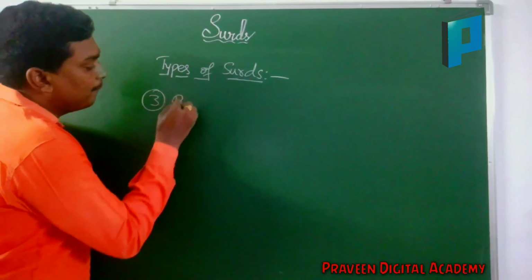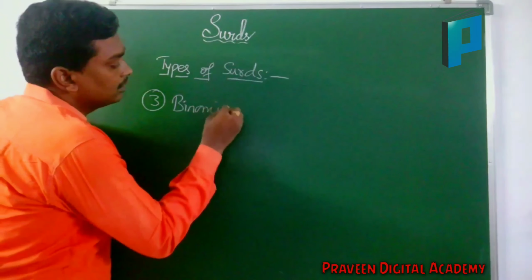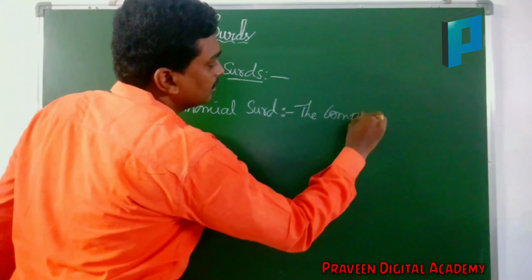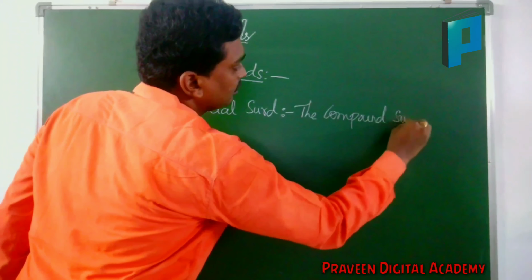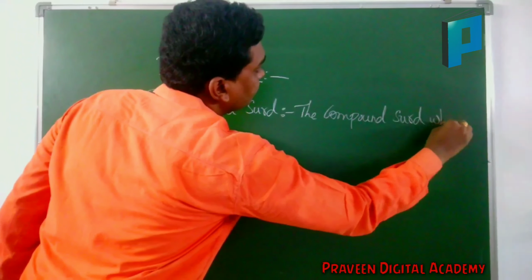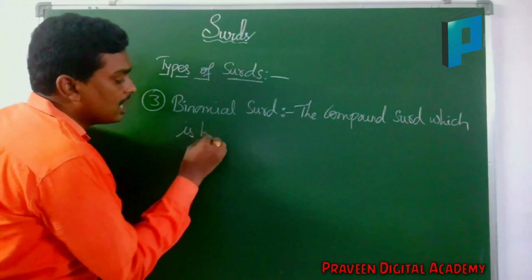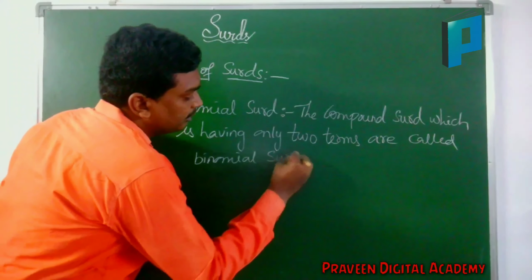Third one, binomial surd. The compound surd which is having only two terms is called binomial surd.